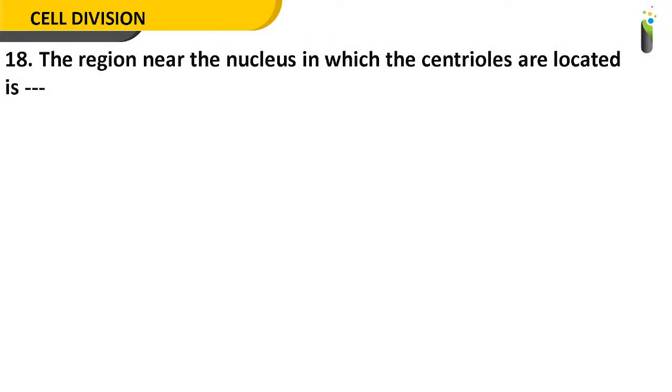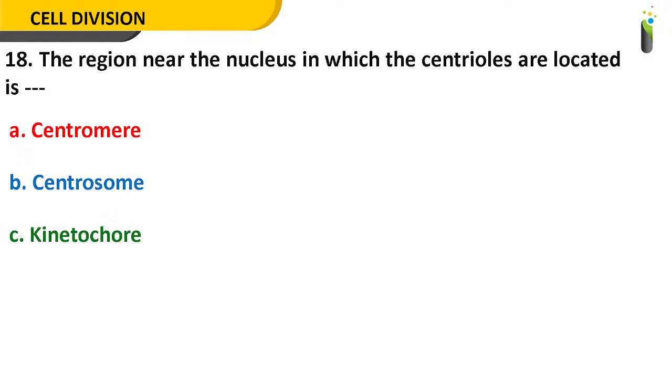Coming to the next question, number 18. The region near the nucleus in which the centrioles are located is dash. A. Centromere. B. Centrosome. C. Kinetochore. D. Chromocenter.